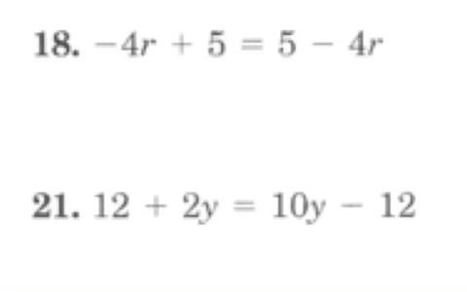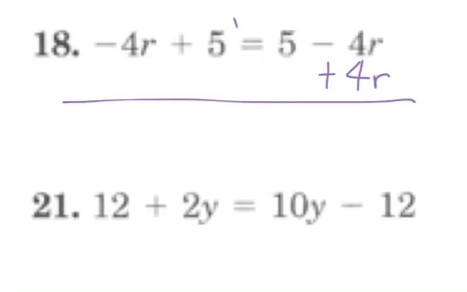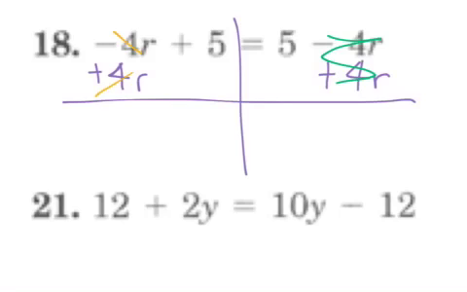Again, my preference, I like to have my variable over on the left, so I'm going to start by adding 4r. Draw the lines if you need them. On the right they go away. On the left, we get a plus 4r, and they go away too. That produces a 0 plus 5 equal 5.